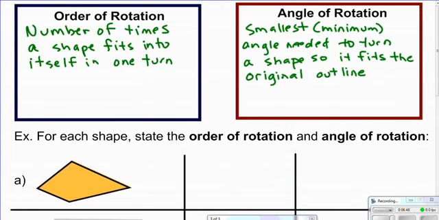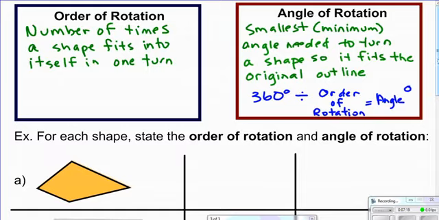It's the smallest angle, and the way that we find it is we take the 360, which would be needed to make the 1 full turn, and we divide it by the order of rotation. And it gives us the angle. And we show that that number is an angle by showing the degree sign.